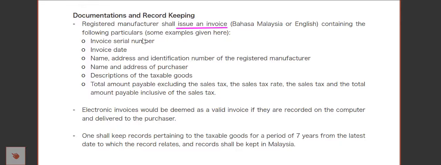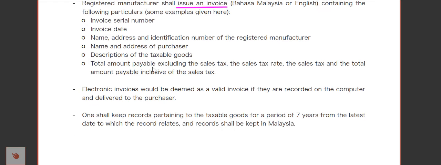You must have the invoice number, date, the name, address, and ID number of the registered manufacturer, the name and address of the buyer, descriptions of the goods, the total amount payable excluding sales tax, the rate, the sales tax, and the total amount with the sales tax. They allow you to use electronic invoices, as long as the invoices are recorded in the computer and delivered to the buyer as well.